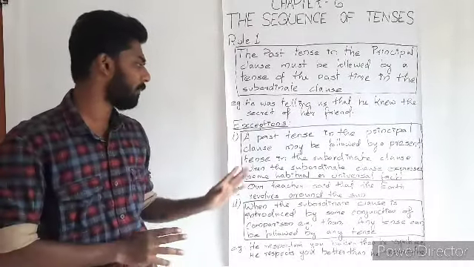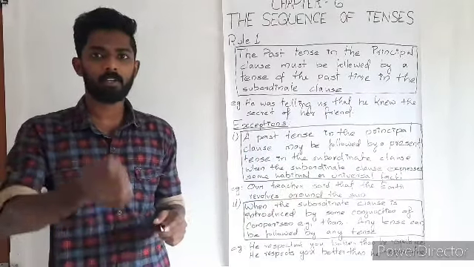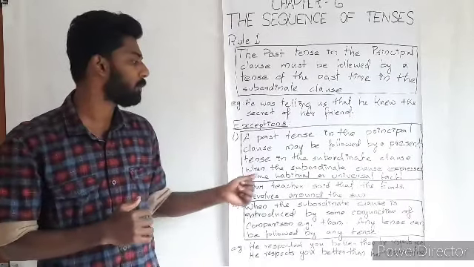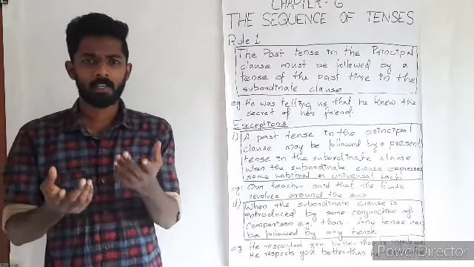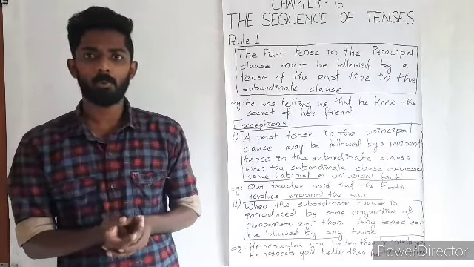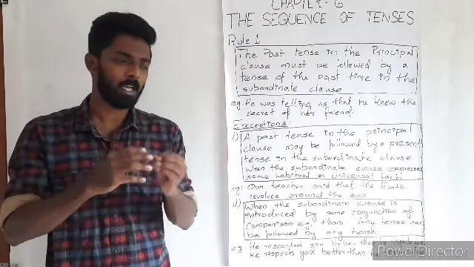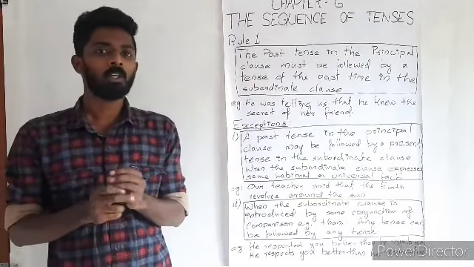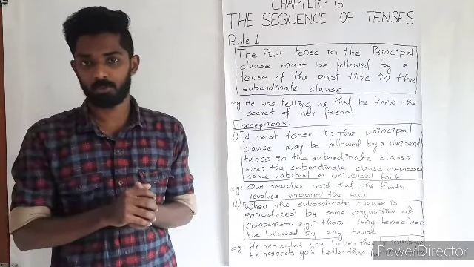So the first one is that a past tense in the principal clause may be followed by a present tense in the subordinate clause when the subordinate clause expresses some habitual or universal fact. I'll explain with an example. Our teacher said that the earth revolves around the sun. So in this situation, when we are speaking about a universal fact or a habitual action, we will use a present tense in the subordinate clause.